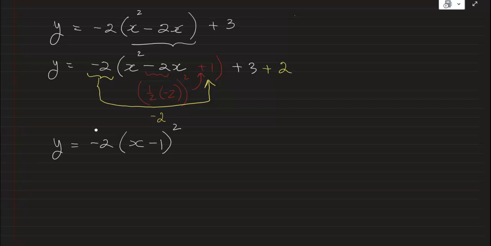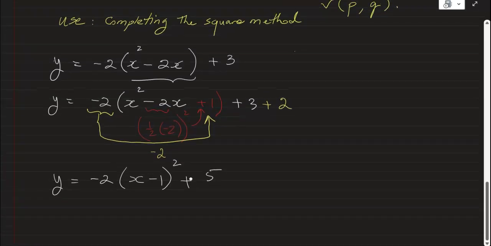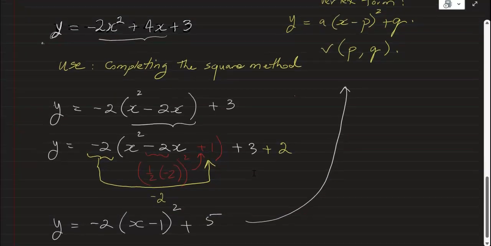When you expand x minus 1 all squared, you will get this perfect square trinomial. All right. And then plus 3 plus 2 is 5. Okay. Now this form matches our vertex form.